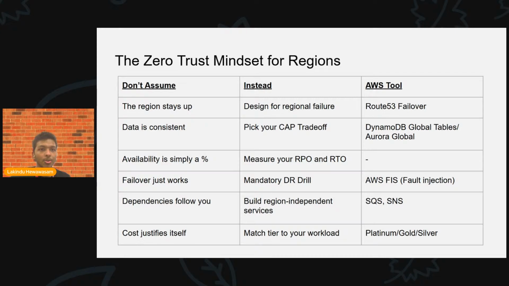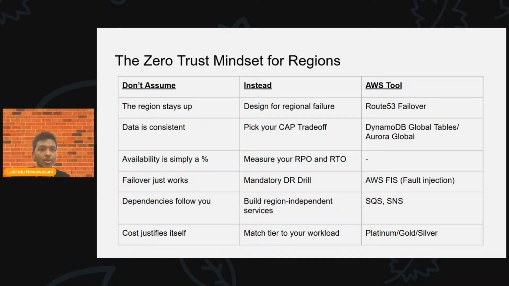Two more things. Don't always assume that your dependencies follow you in the case of region outages. Always build systems that are region independent. Don't always build systems that have cross-region workloads, because it doesn't only make your system risky, but it also adds network latency.